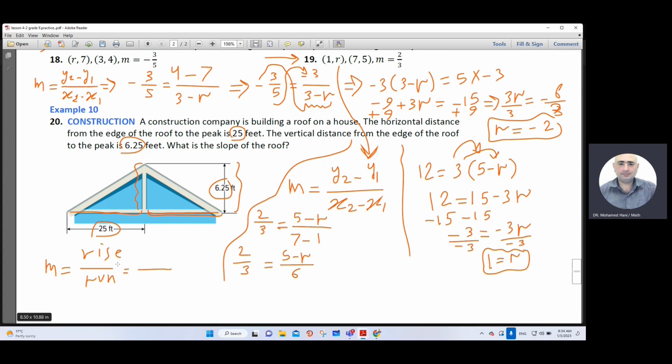Rise means the change in the y. Where is the change in the y here? 6.25. And run means the change in the x. Where is the change in the x here? 25. Will be 1 over 4, or 0.25.